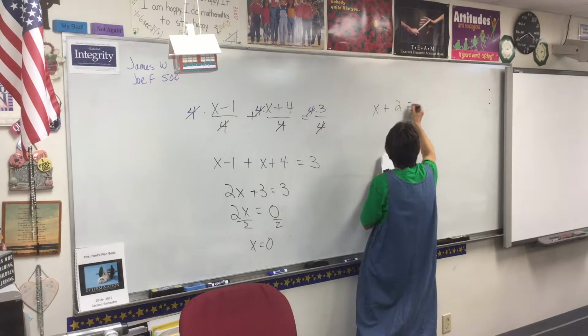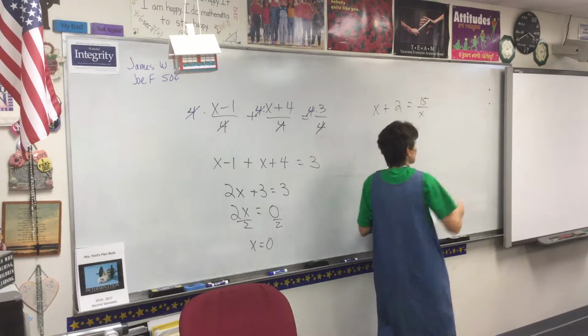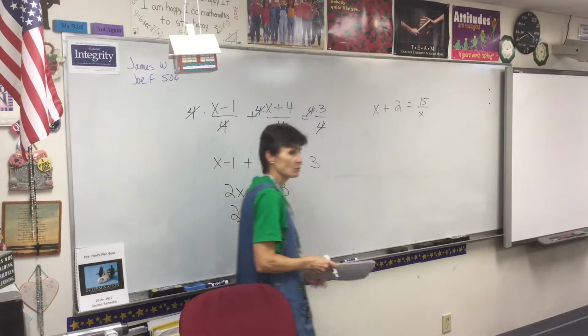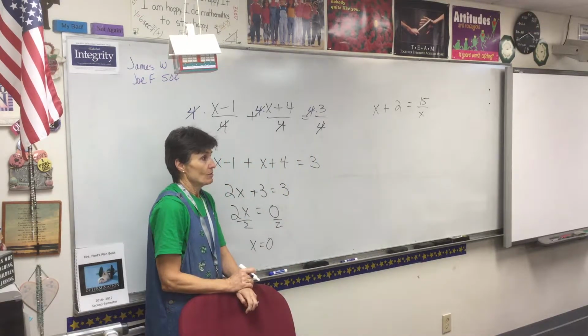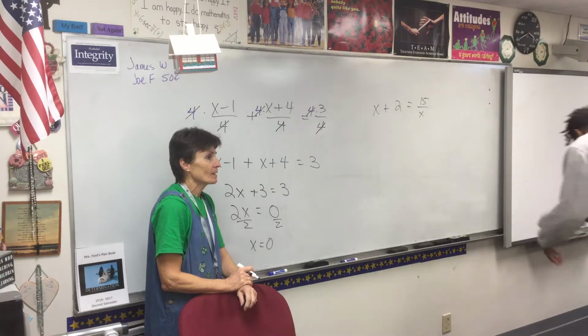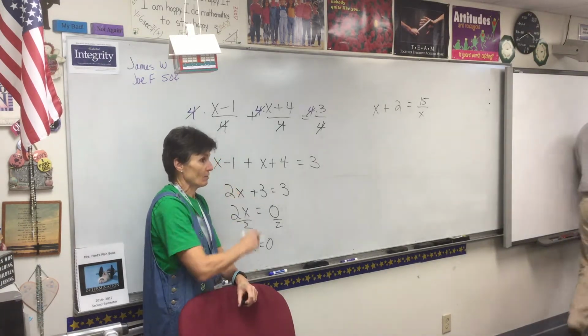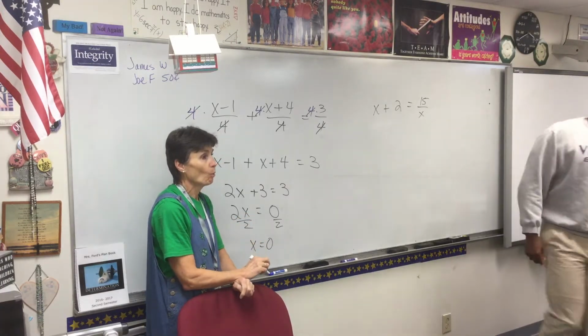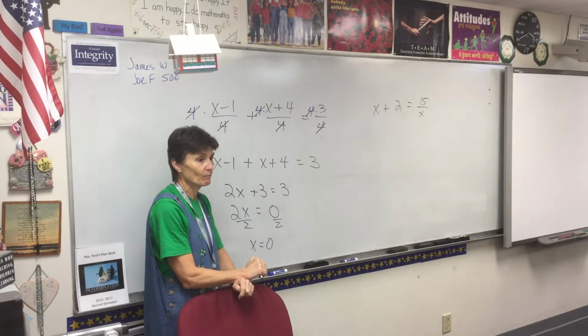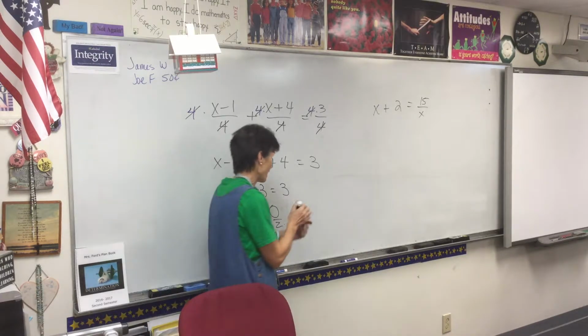Now, I don't want you making this one any harder. This one is also easy. Now, there's a fraction in it, right? Let's do what we did here, and let's just get rid of the fraction. What would I have to do to get rid of the fraction? Multiply by x.